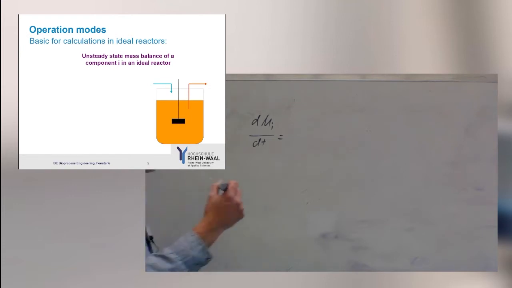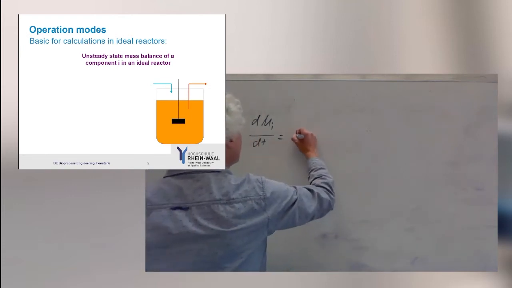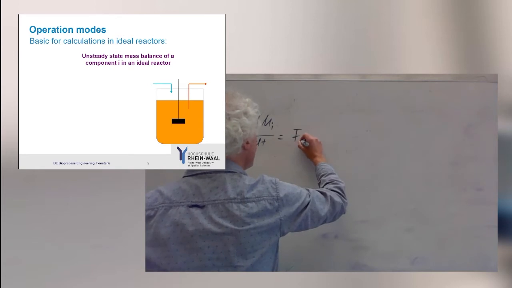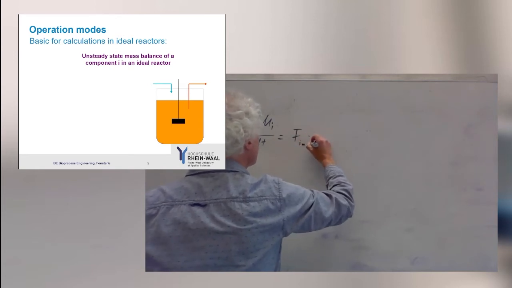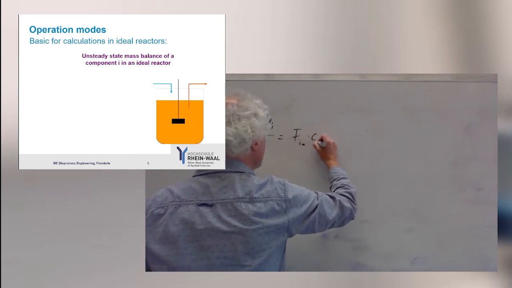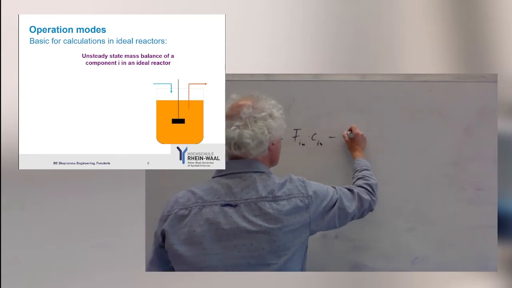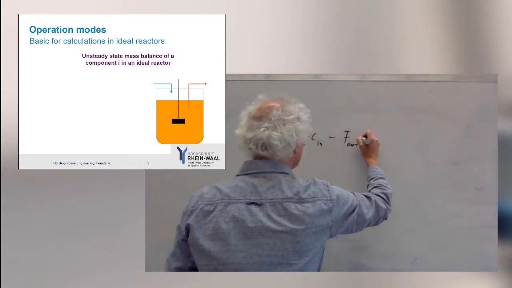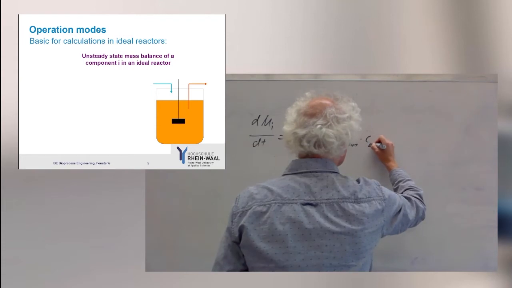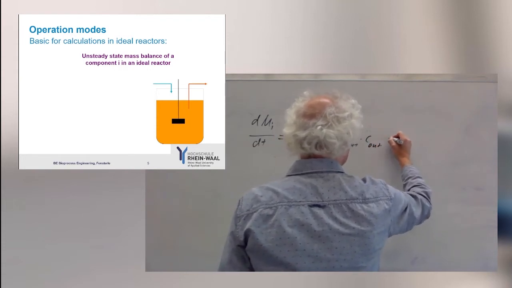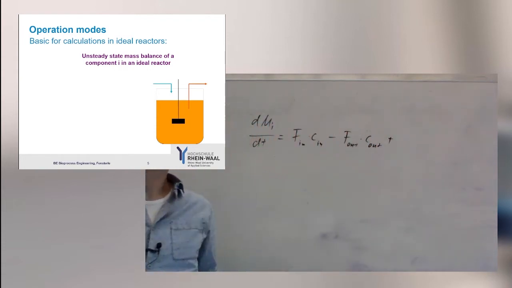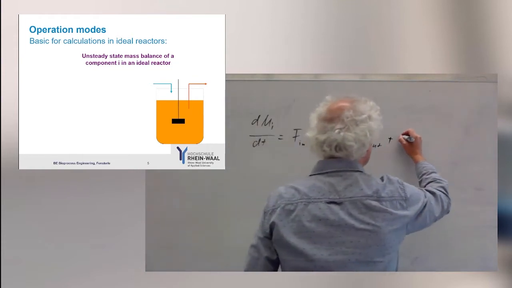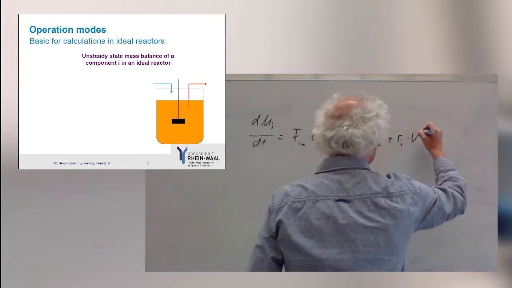So then here I have flows going in. So it's my F in, fold the concentration in, minus my F out, fold my concentration out, plus the production rate, Ri, fold the volume.